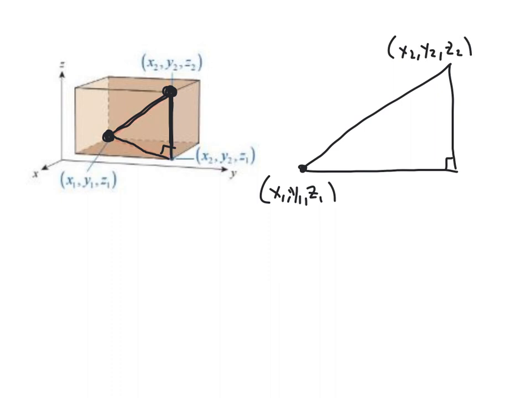And the third point, the point at the right angle, will have the same x-coordinate and the same y-coordinate as our second point. So it has x2, y2. That's because we've taken that point x2, y2, z2 and just changed the height of the point, which only changes the third coordinate. So the x and y coordinates stay the same, and the z coordinate is now the same as our first point. So that would be the point x2, y2, z1.